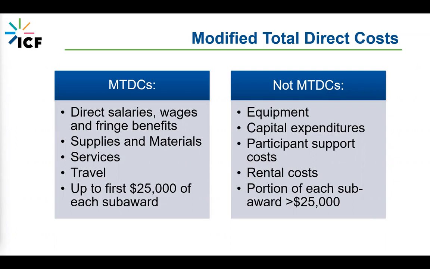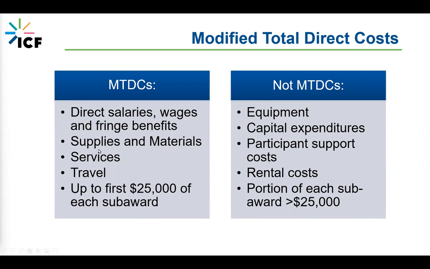It's actually just 10% of up to the first 25,000. So 10% of 25,000 is 2,500. And then the remainder of the award, whether it's 100,000, a million, or a billion, does not receive that 10% plus up. So in the end of the day, instead of thinking this is going to be 10% of the entire 100,000, or 110,000, it's actually 102,500, which is $100,000 in direct costs plus 2,500 in indirect costs.